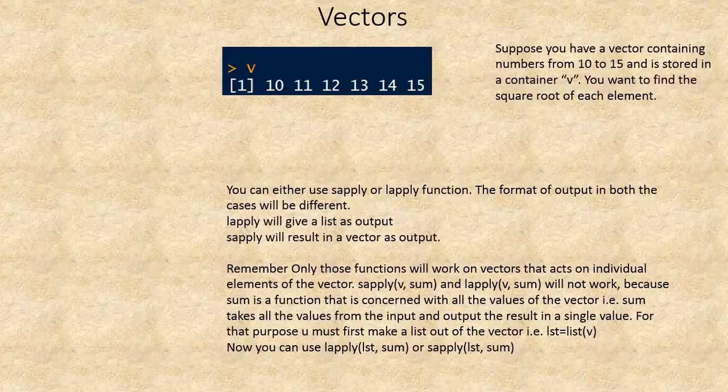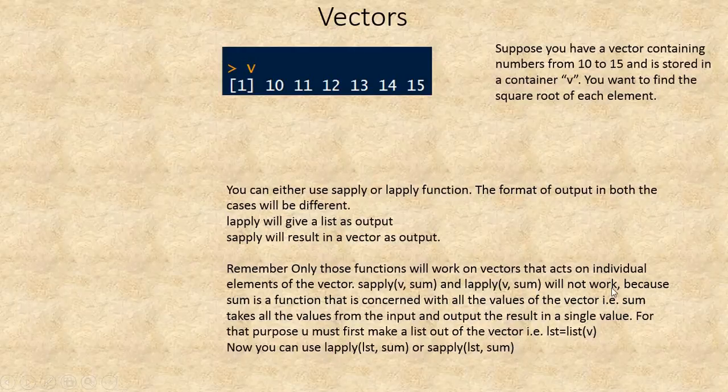In the case of lapply, the output will be a list, while in the case of sapply, the output could be a vector. Here you have to remember one thing: only those functions inside the lapply or sapply function will work on vectors that act on individual elements of the vector. For example, here I am using the function sum inside the sapply or lapply function.